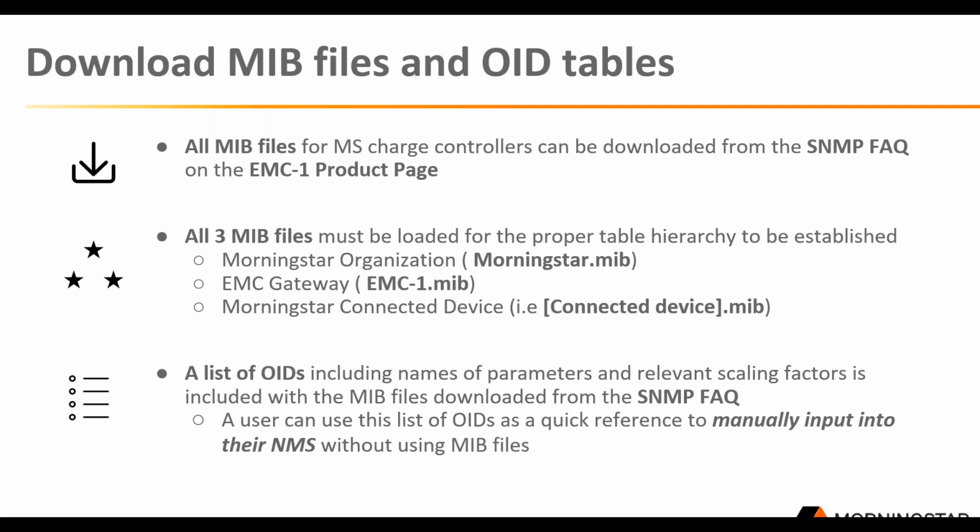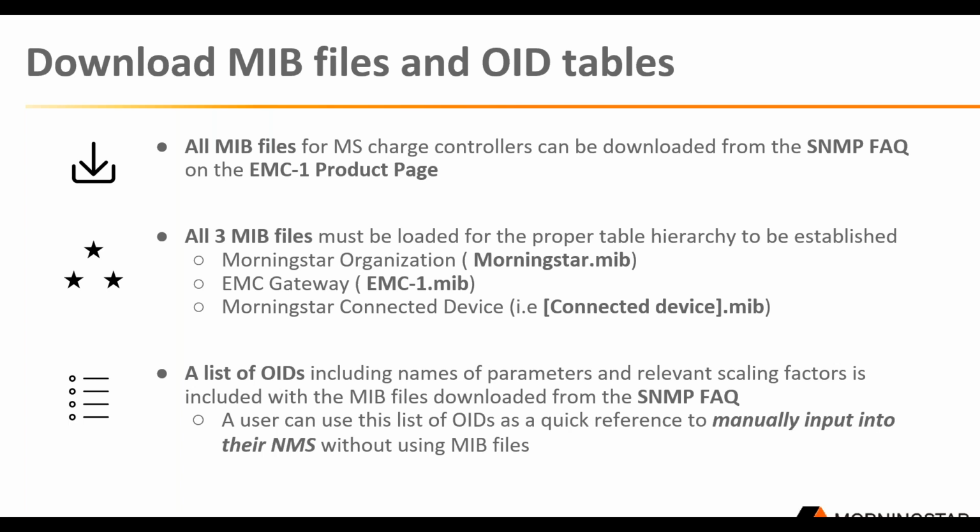There's a general Morningstar MIB in that zip folder. There's an EMC1 MIB. Those 2 MIBs will have to be used regardless of what specific device you're monitoring. And then lastly would be the device-specific MIB.